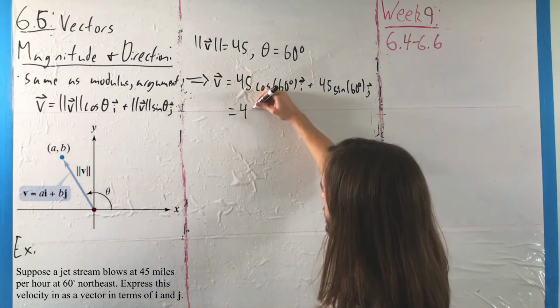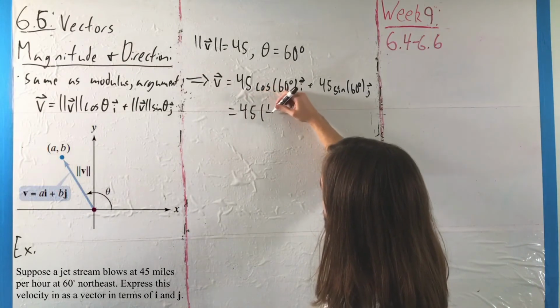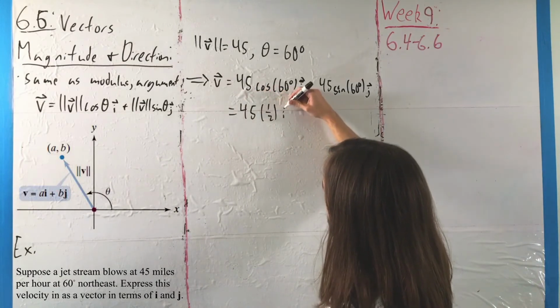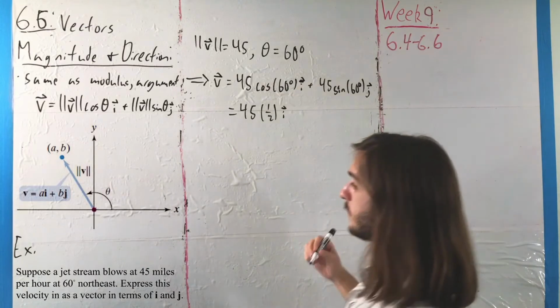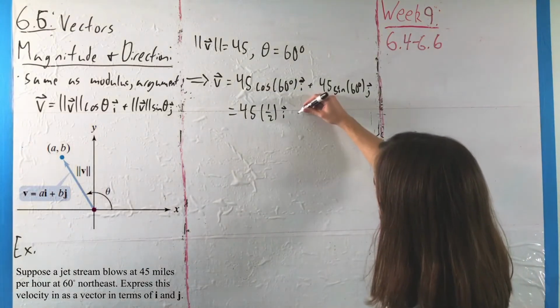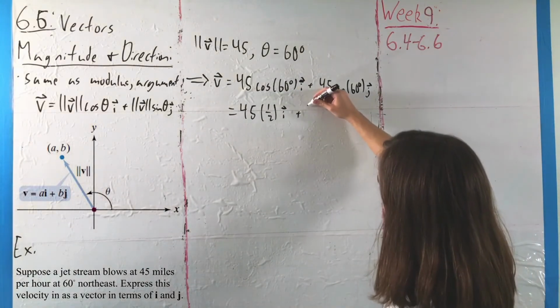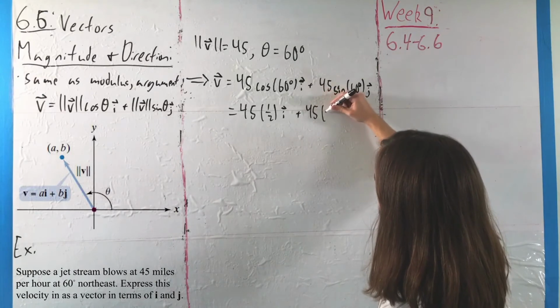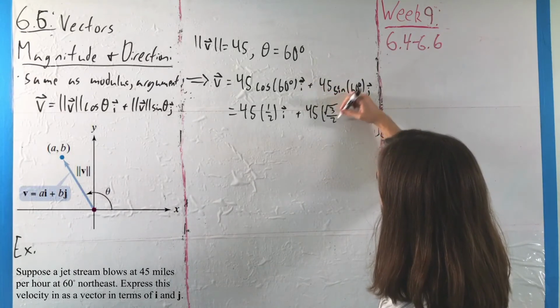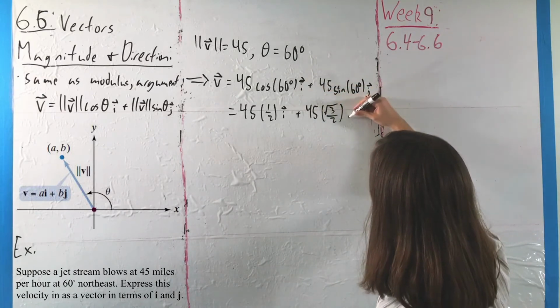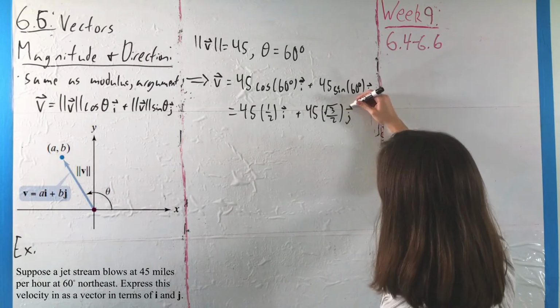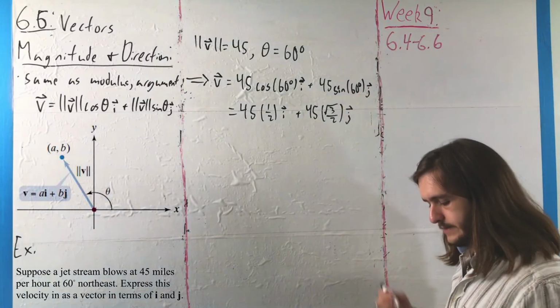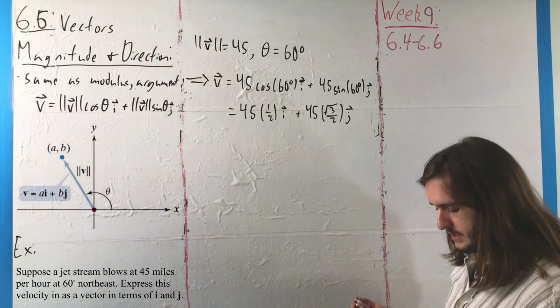So we're going to have 45 times 1/2 as our horizontal component, plus 45 times root 3 over 2 for our vertical component, where we push numbers in, pull numbers out.